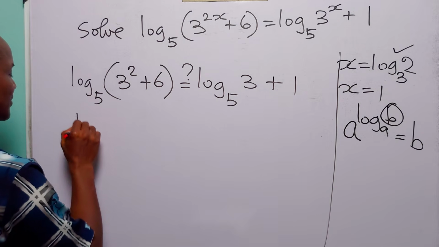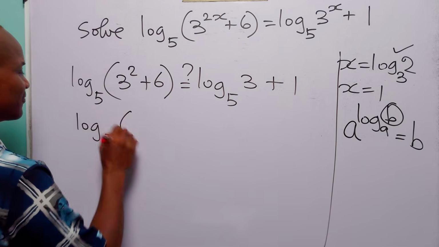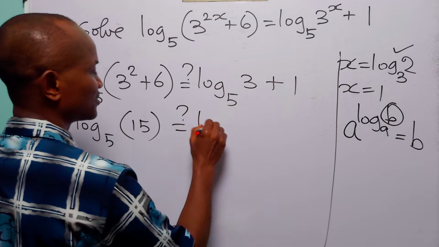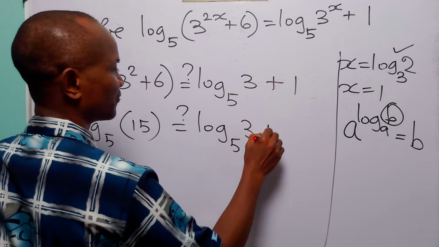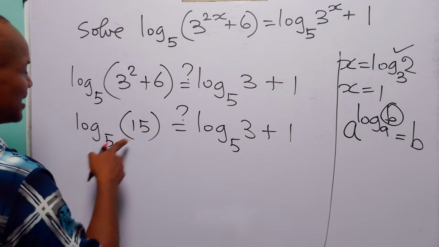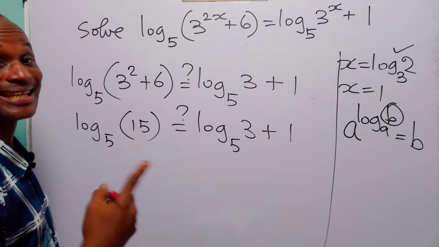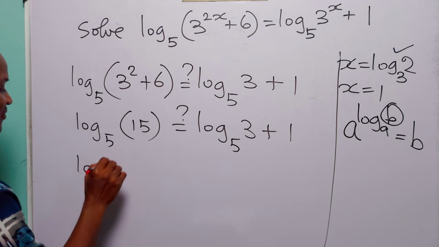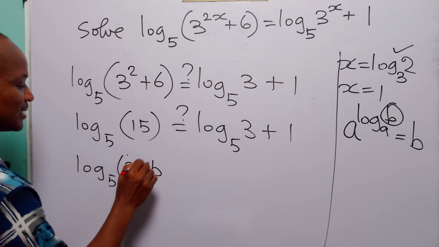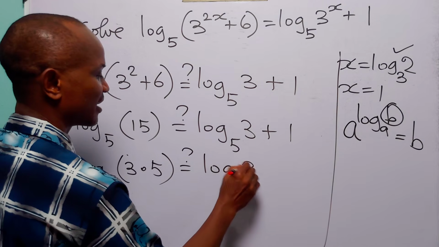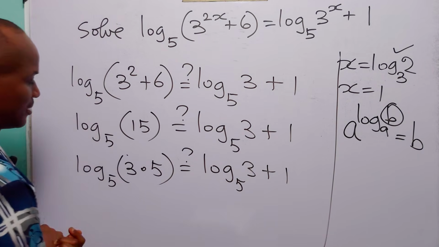So on the left-hand side, we have log to base 5 of 15. Is this equal to log to base 5 of 3 plus 1? Now, of course, you know that 15 is 3 times 5. So we can write this left-hand side as log to base 5 of 3 times 5. Now, is this equal to log to base 5 of 3 plus 1?